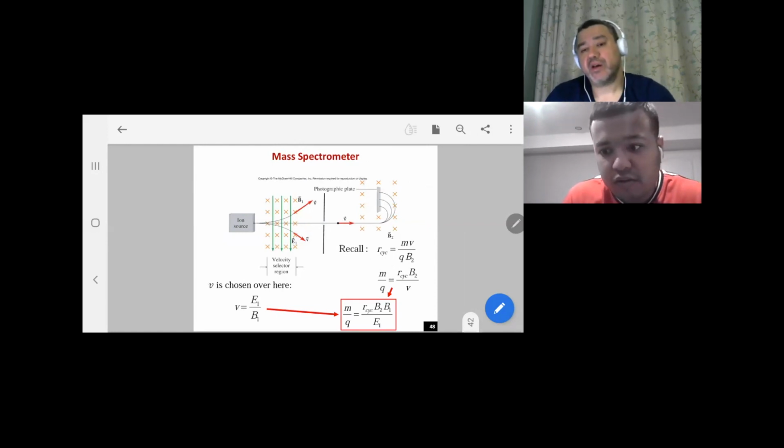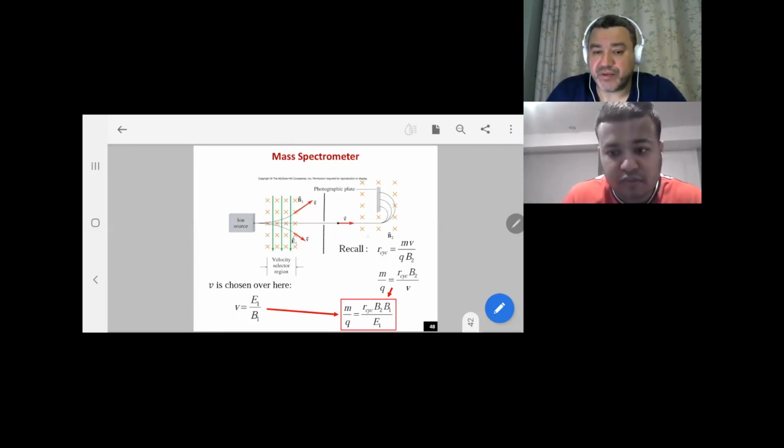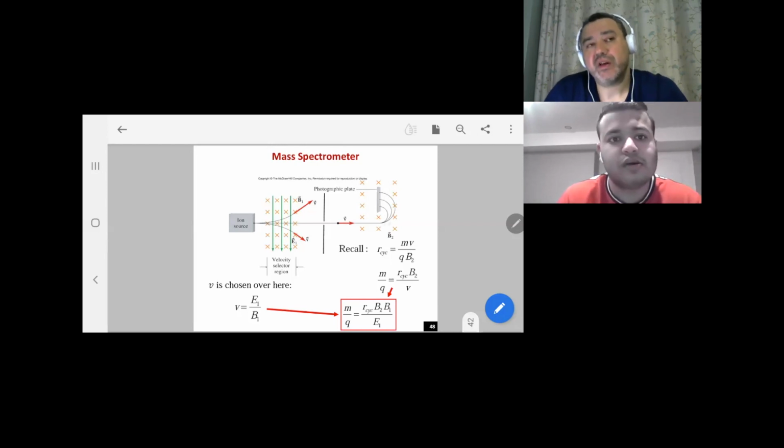Now this magnetic field will be responsible for generating the cyclotron motion. Remember, here I am having those charges coming in perpendicular to the magnetic field.